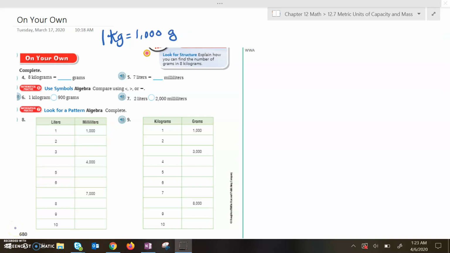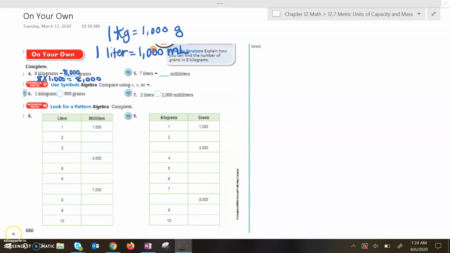And for every liter, you have 1,000 milliliters. So keep that in mind for this. Go ahead and do number 4, pause it. And when you unpause, you will check your answers. You should have gotten 8,000 grams.